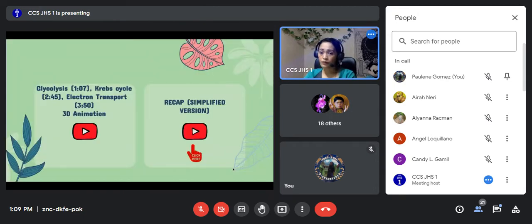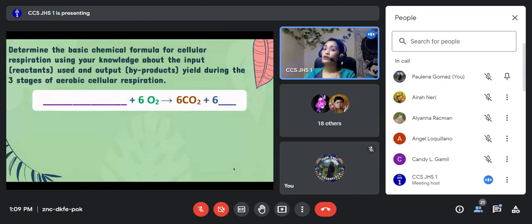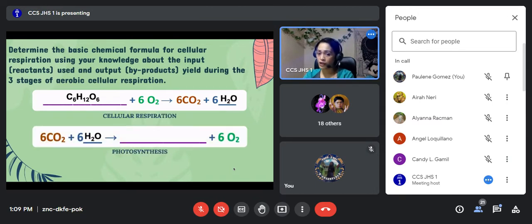So let's now check our understanding, if we really understood the different stages, and at the same time the relationship between photosynthesis and cellular respiration. I have here the chemical equation of cellular respiration. That's the top part.